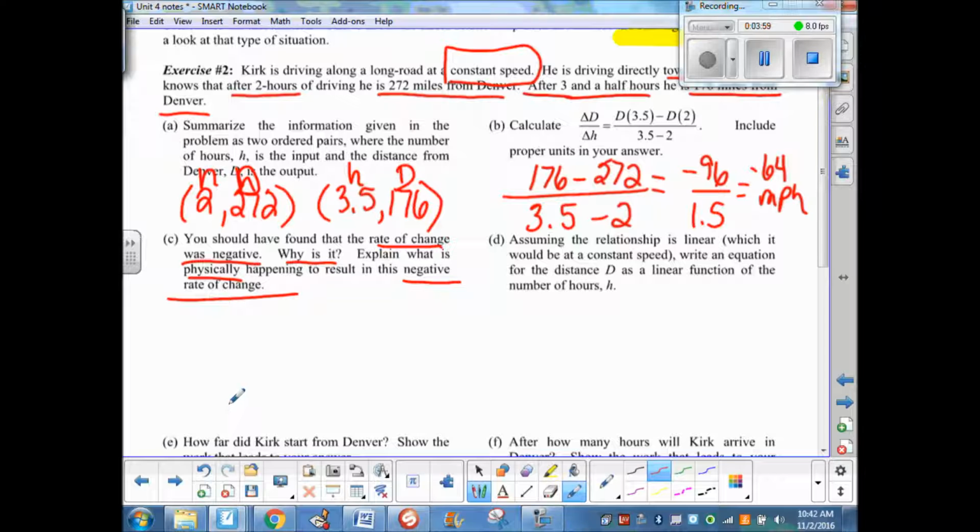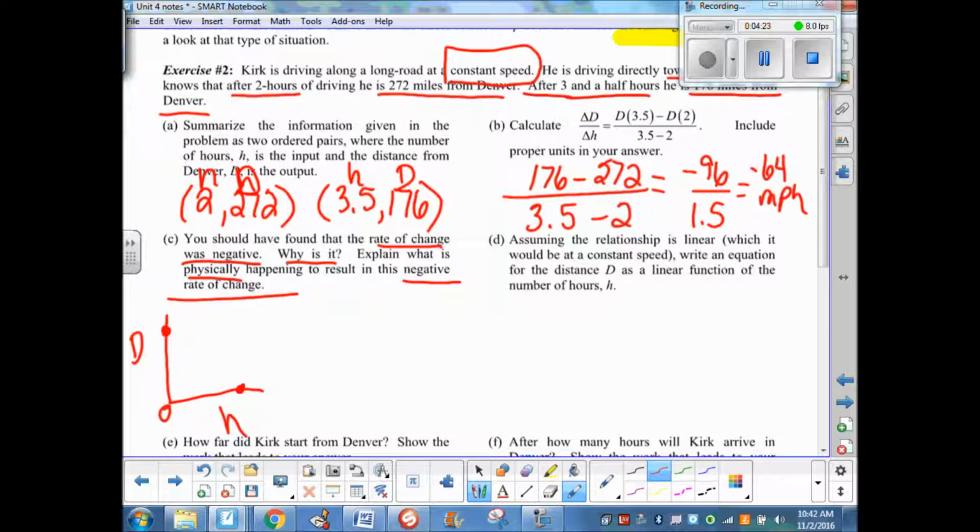So think about what's happening. If I think about this graphically, at time 0, and remember, it's the distance from Denver, he could be way up here. That's my distance, and that's my hour. So at time 0, he's this far away from Denver.